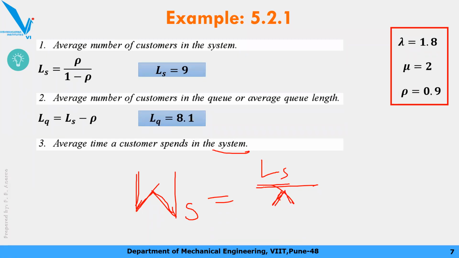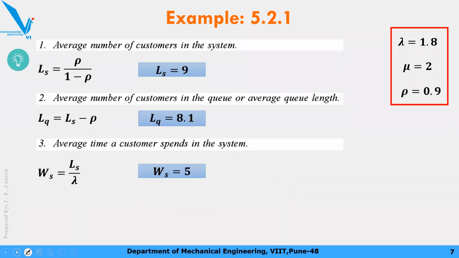So the number of customers in the system divided by the arrival rate. So that is your waiting time in the system. So LS is 9 divided by lambda, which is 1.8. So 9 by 1.8, you get 5.